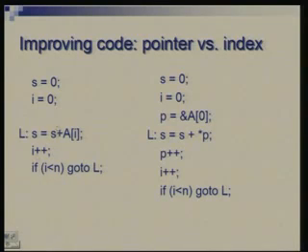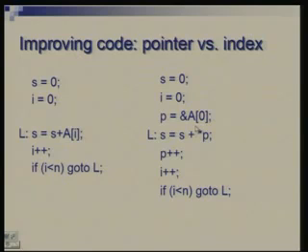On the left side you see the same code we have, with some modification made. I am introducing a pointer p. This is still in high level language; I will show you how we do that in assembly language. So, p is a pointer which to begin with is pointing to the starting address of the array.